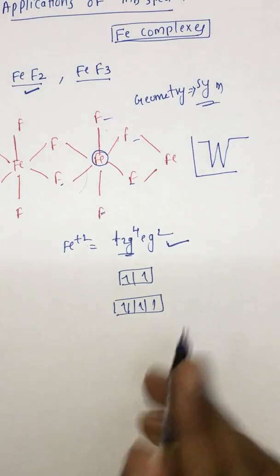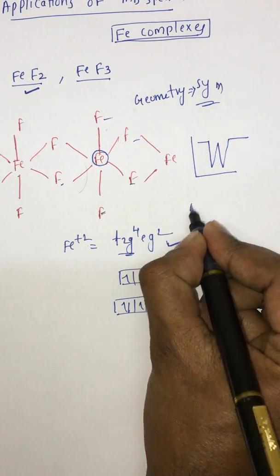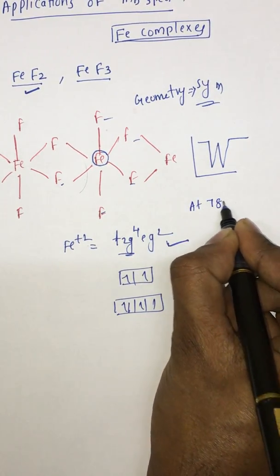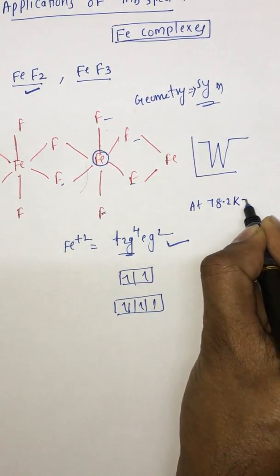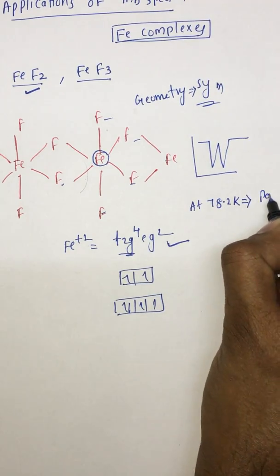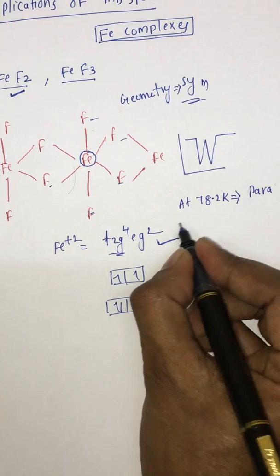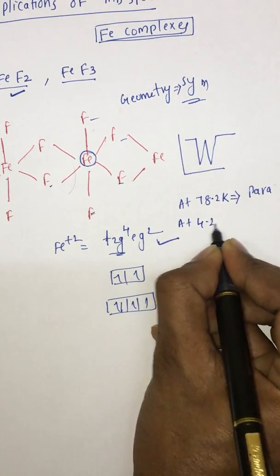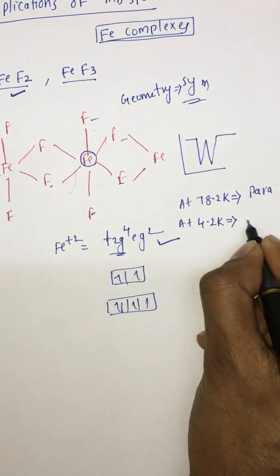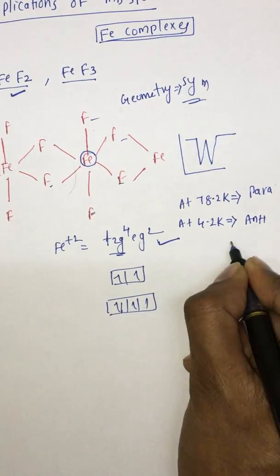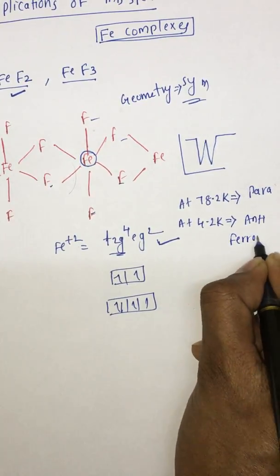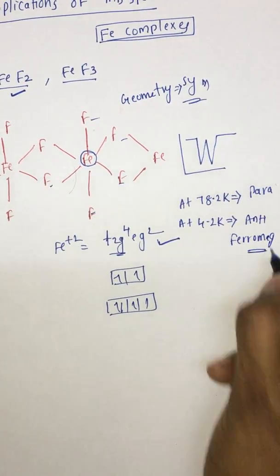So now this is at temperature 78.2 Kelvin. This FeF2 acts as paramagnetic in nature. But at 4.2 Kelvin temperature, this exists as antiferromagnetic.